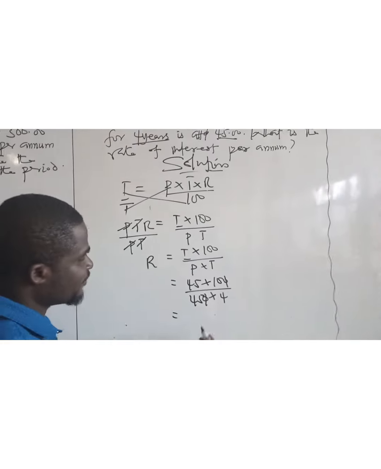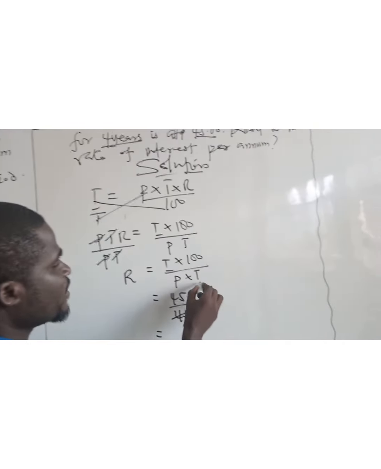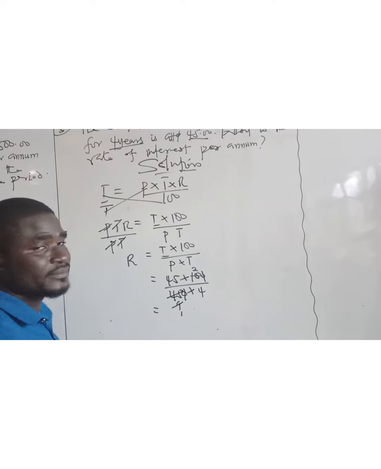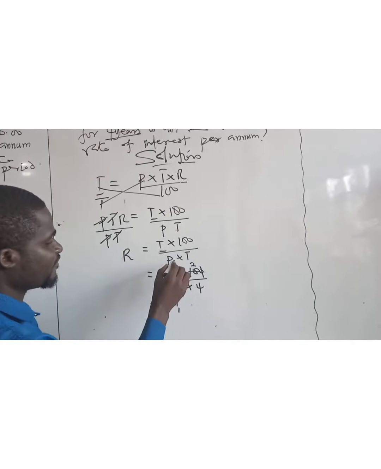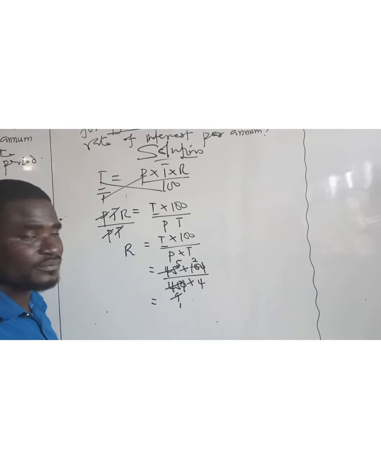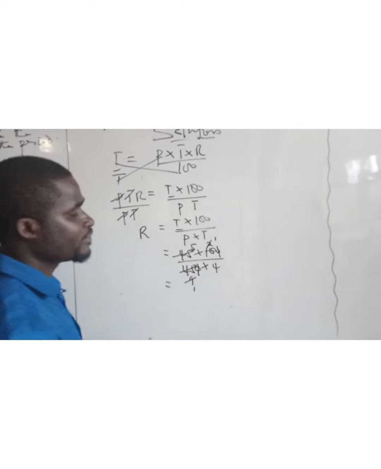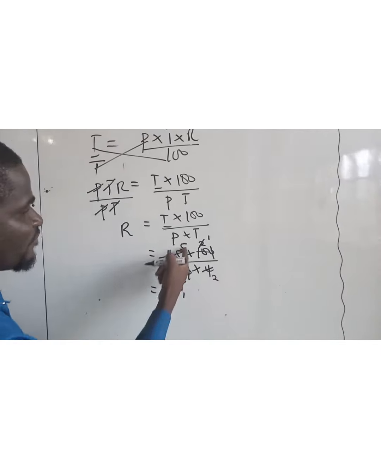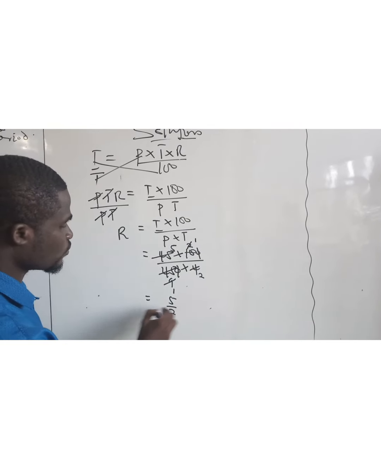Now let's use 5. 5 goes here 9. 5 goes to 10, 2. 9 goes here 1. 9 goes to 45, 5 times. Now 2 goes here 1. 2 goes here 2. So we have 5 out of 2.